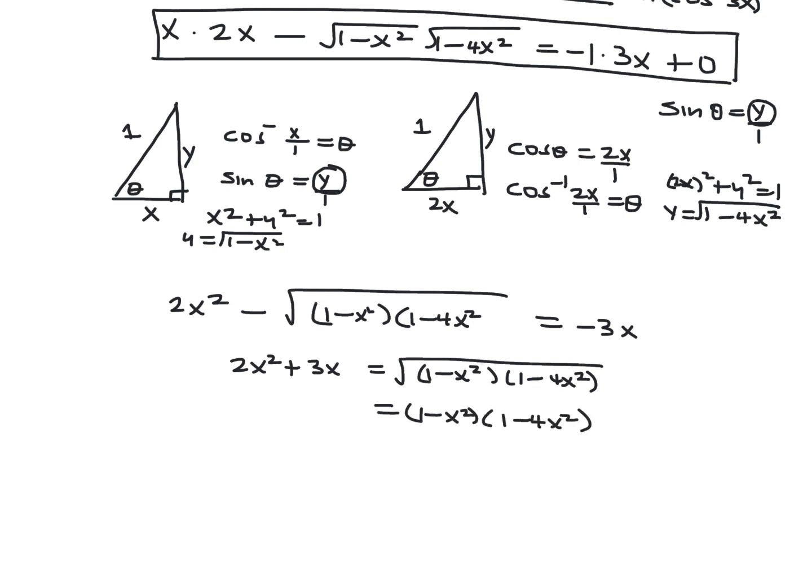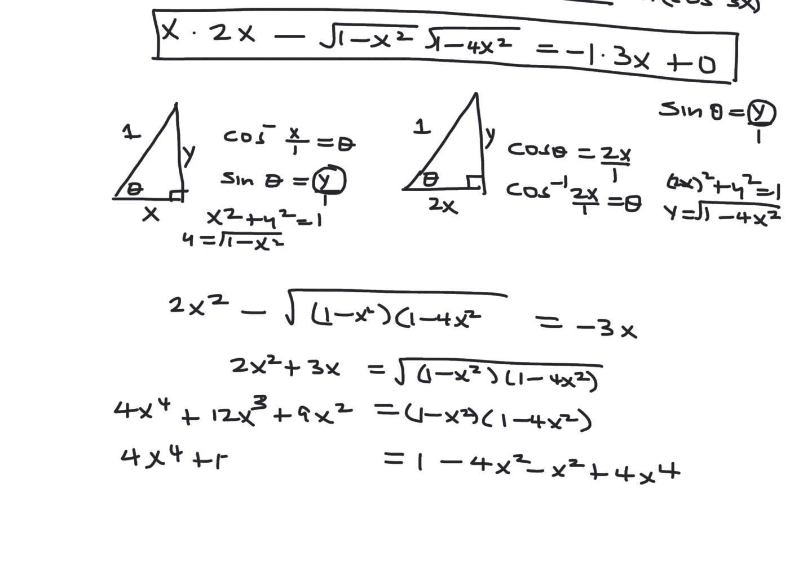And then this, when we square it, it'll be 4x to the power of 4 plus 12x to the power of 3 plus 9x squared, I believe. Yeah. And then on this side, we got to do that multiplication: 1 minus 4x squared minus x squared plus 4x to the power of 4.